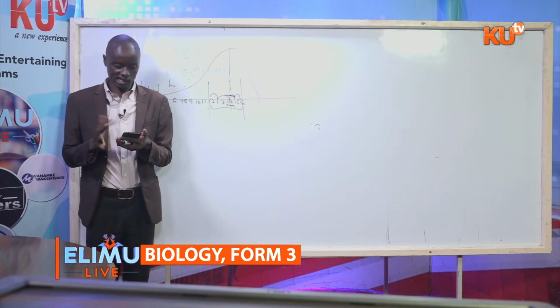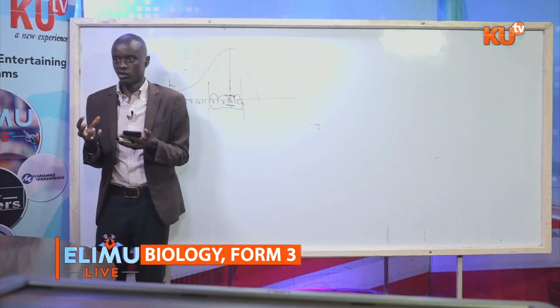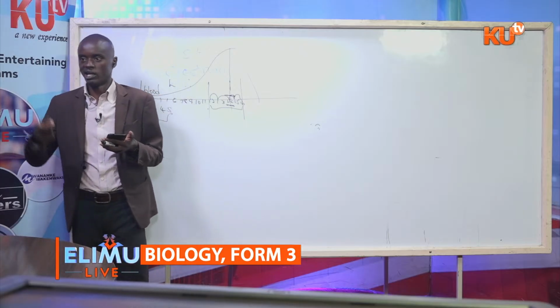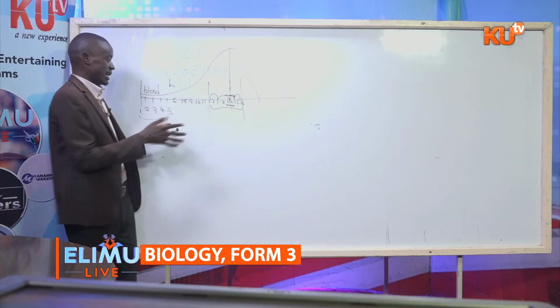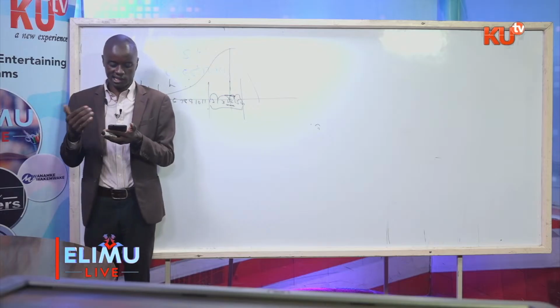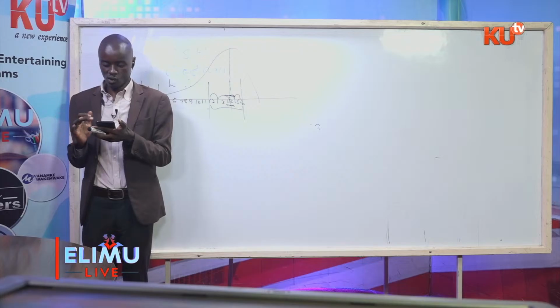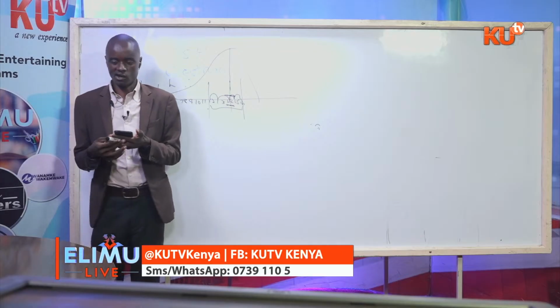Now after ovulation, that ovulation is brought about by luteinizing hormone, which you have said is abbreviated as LH. Now, as luteinizing hormone increases in amount, it stimulates the corpus luteum to secrete progesterone.